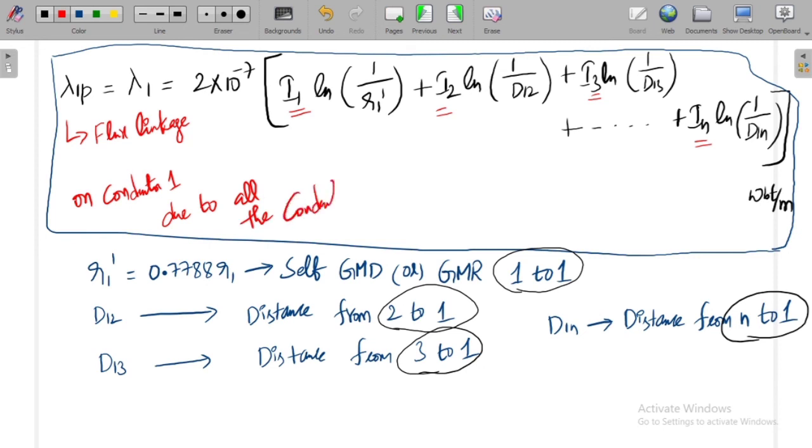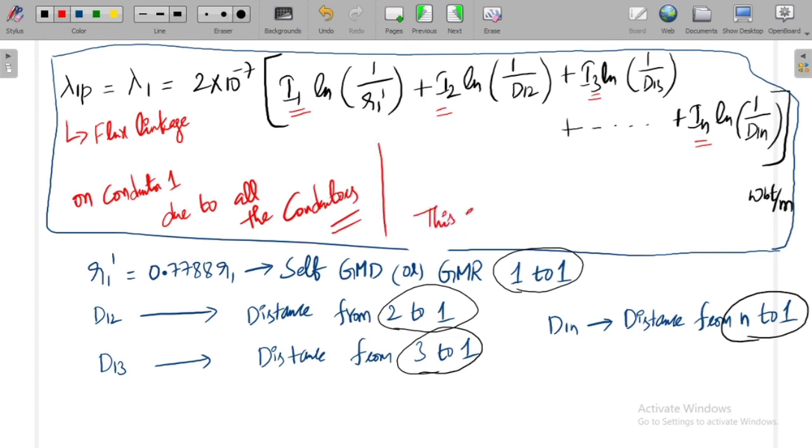When I write I1, I need to consider the distance from first to first. When I write I2, I need to consider the distance from 2 to 1, next from 3 to 1, next from n to 1. Like that you can obtain the expressions of flux linkage, right?